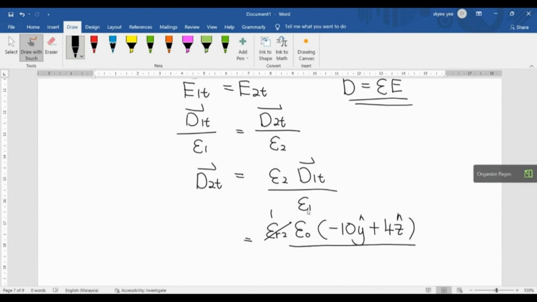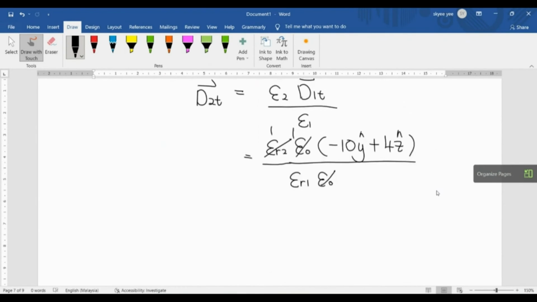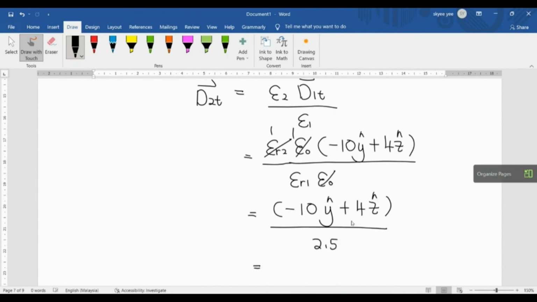Divide by epsilon 1, so epsilon R1 and epsilon naught, this one you can cancel, make it 1. So R1 is equal to 2.5. So negative 10y plus 4z divided by 2.5.